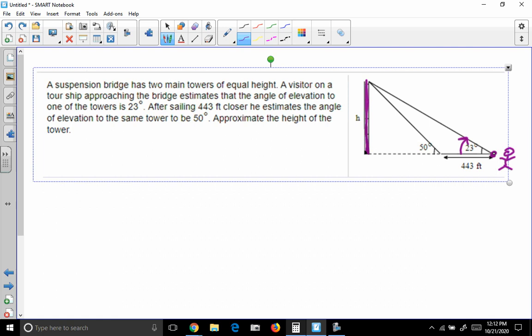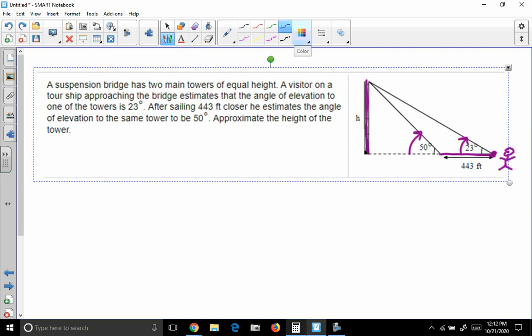But we don't know the distance from here to the tower. So then we sail 443 feet closer, so this distance is 443. And then when we measure our angle of elevation again, this time we get an angle of elevation of 50 degrees.